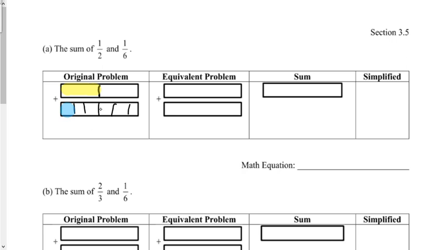If I want to add those two together, I've got to find the LCM or the LCD, whichever you want to think about it, of 2 and 6. So I know 2 goes into that 1 and 3 times. And so 2 times 1 times 1 times 3 means the LCD, or the LCM, will be 6. So if I cut everything into sixths, then I'm good. So we'll do that.